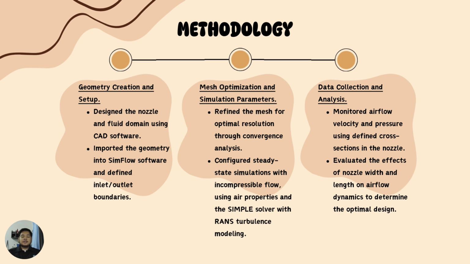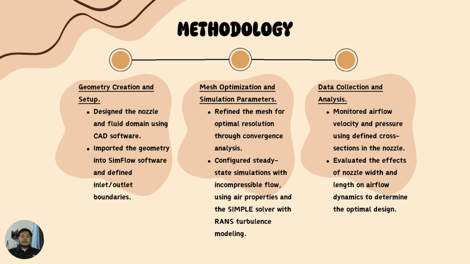A mesh convergence study was conducted to refine the grid and ensure a balance between computational efficiency and result accuracy. The simulation was set up using steady-state, incompressible flow conditions with air properties. The SIMPLE solver and turbulence modeling were applied to replicate realistic airflow behavior.